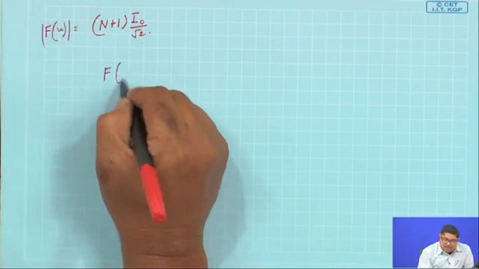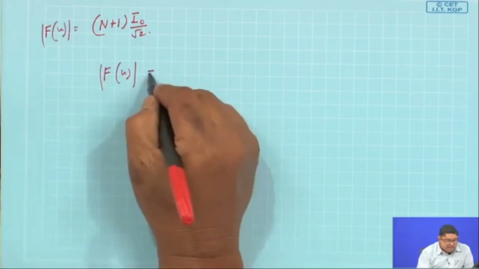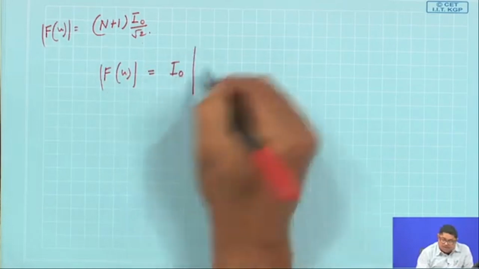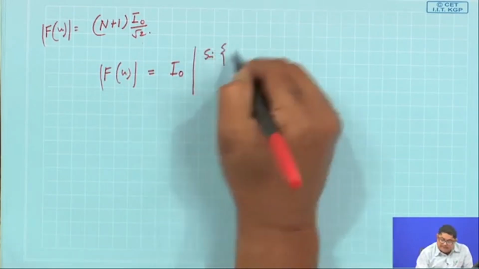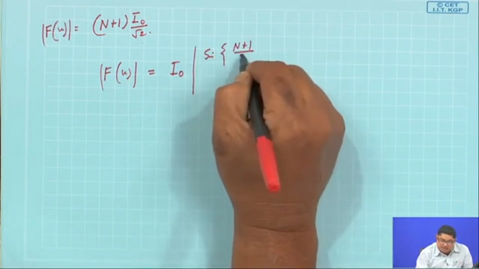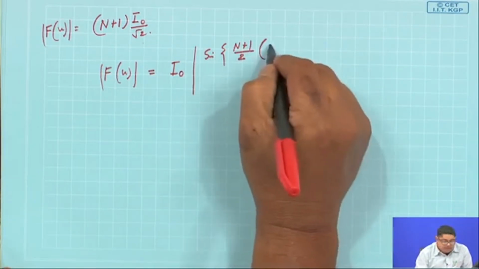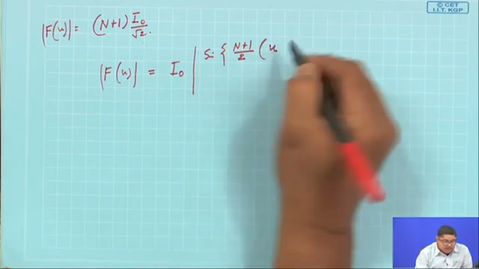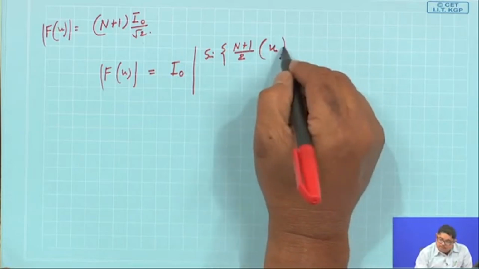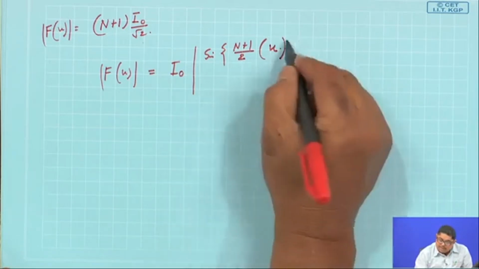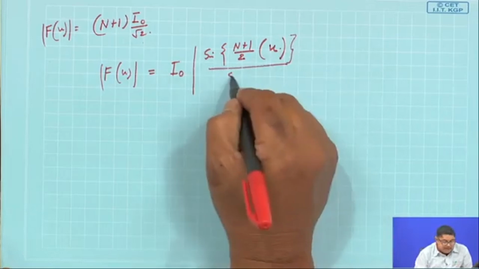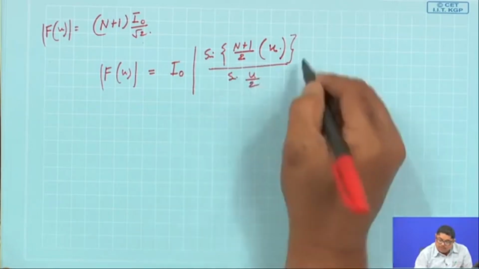Now, already we have seen that F of u is I naught sin((n plus 1)u by 2) by sin(u by 2), I am not writing u plus u naught.